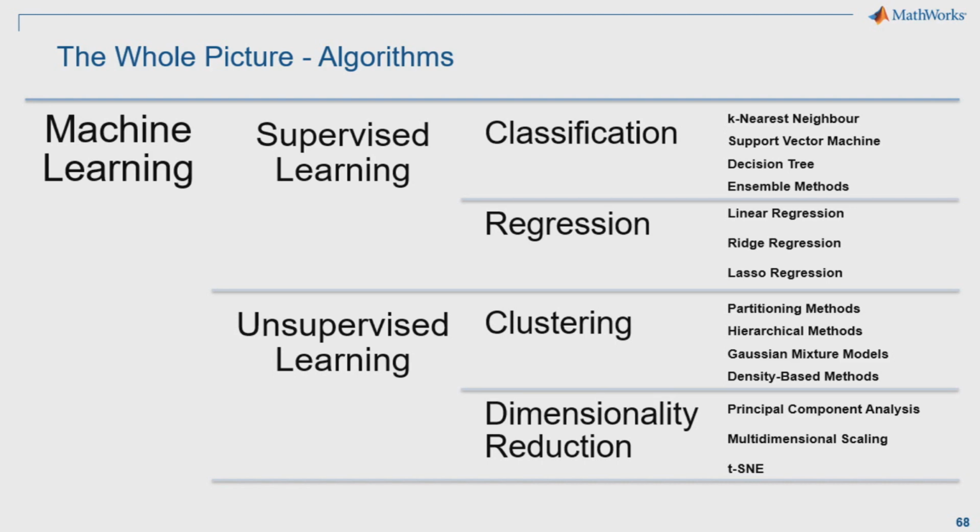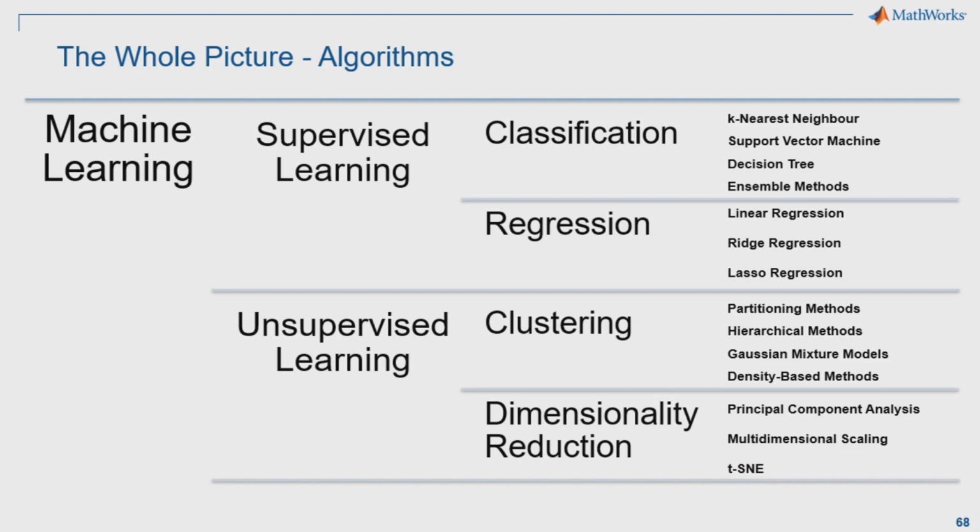We have shown partitioning methods like k-means, hierarchical methods, Gaussian mixture models for soft clustering, and regarding dimensionality reduction, we have seen PCA, multidimensional scaling, and in the example that I gave you, we have also seen t-SNE, t-distributed stochastic neighbor embedding.